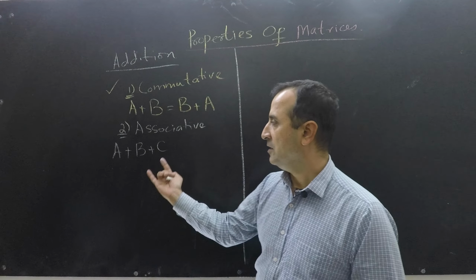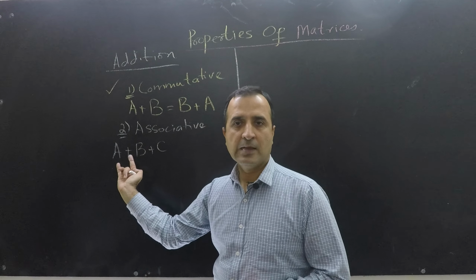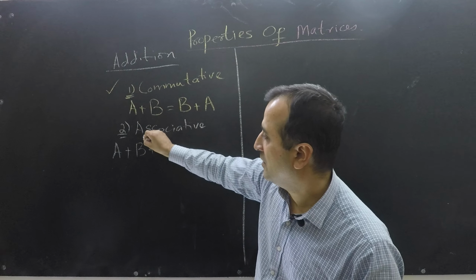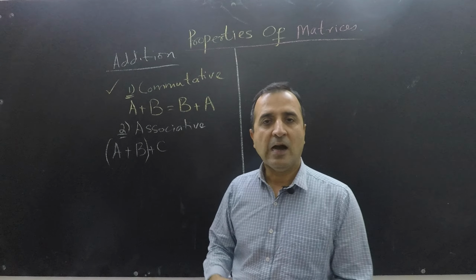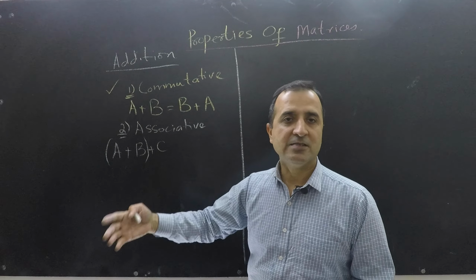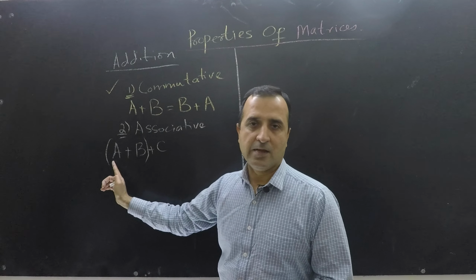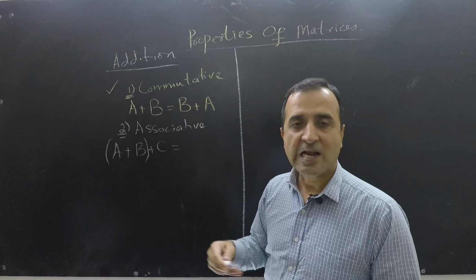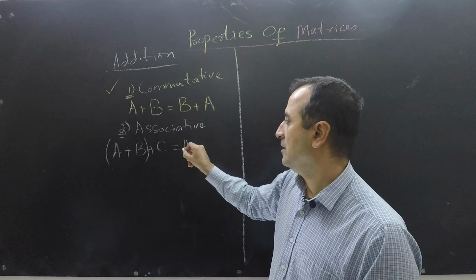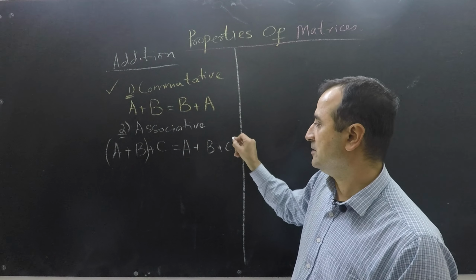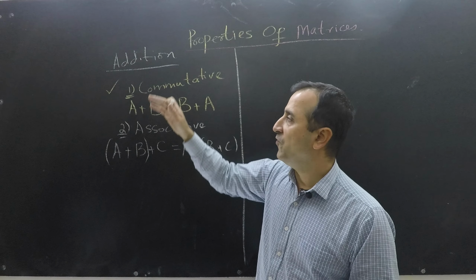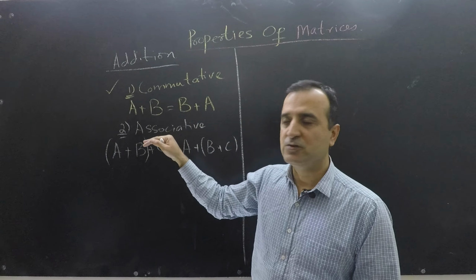Now, the plus operator can add only 2 matrices. So I can choose to first add A and B, and then add C to the result. In this case, I will place brackets around A and B. But I have another choice, which is to first add B and C, and then add that result to A. In this case, I will place brackets around B plus C. In case of addition, we have this associativity property.